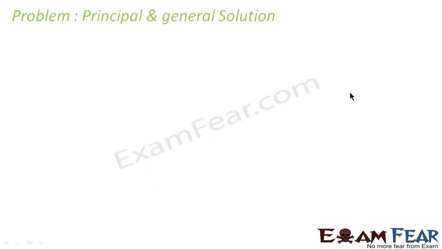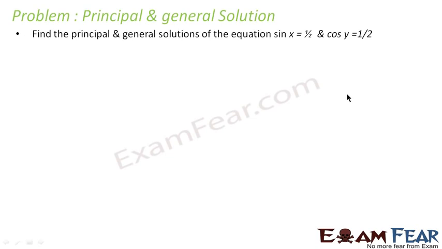Let's take some problems on principal and general solutions. So we are asked to find the principal and general solution for sin x is equal to 1 by 2 and cos y is equal to 1 by 2. We know that sine of 30 degrees is equal to 1 by 2. So that means the principal solution, I'm taking case 1, is equal to 30 degrees. 30 degrees is nothing but pi by 6, because pi is equal to 180, pi by 6 is equal to 30.